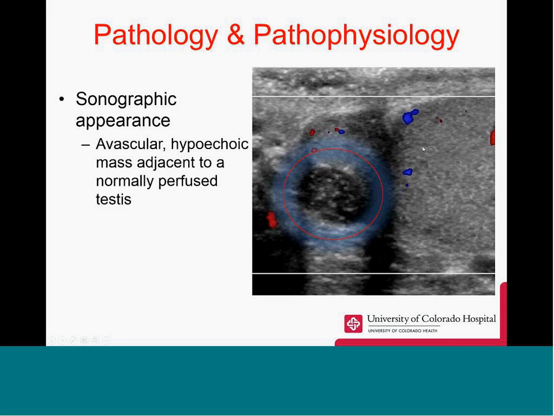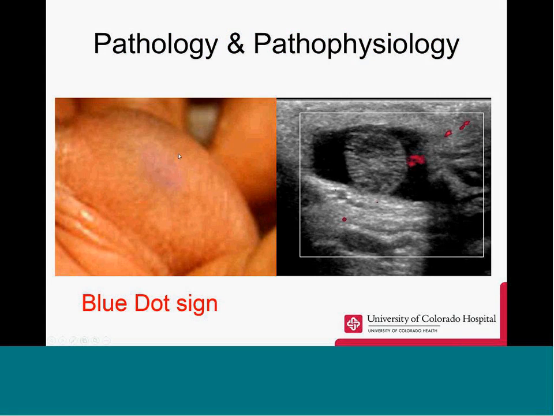Seen here, testis, epididymis, the structure that's heterogeneous lying adjacent to them without any Doppler flow. Here's the blue dot sign seen in a pediatric patient who then had a torsed appendix testis. This is probably an appendix epididymis because it's hanging out all by itself.